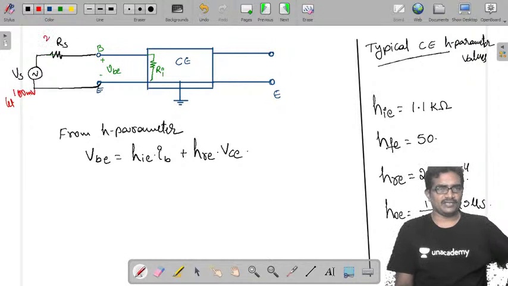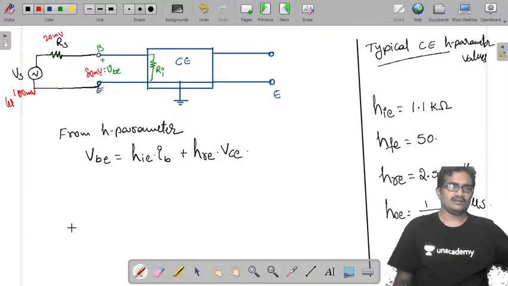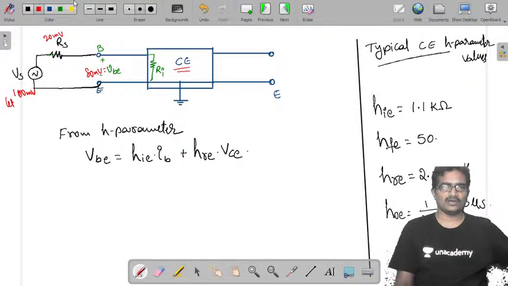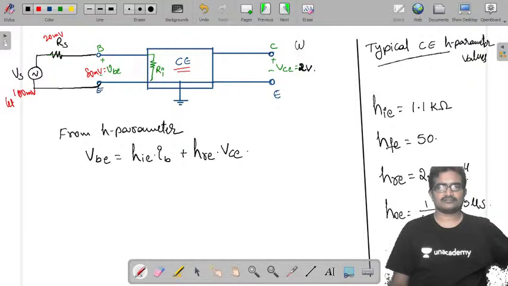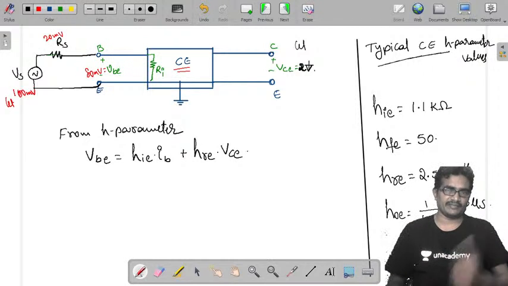In that 20 millivolts drop across RS and 80 millivolts presented as VBE. And due to the gain of this amplifier, at output I got VCE value. Let us take that VCE is 1 volt or 2 volts. You can take, it's not an issue. 2 volts. Not more than that. You do not get more than that for 80 millivolts.